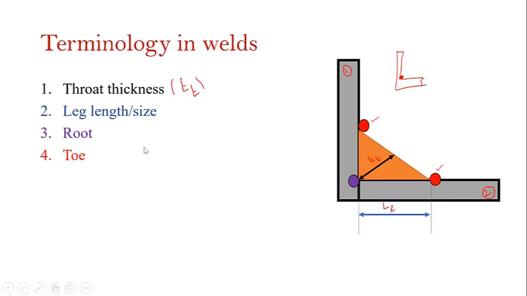The root is observed at the corner of two different plate joints. The toe is where the weld material stops. You have two toes, a top toe and a bottom toe, for any kind of weld. So these are the terminologies involved in welded connections.